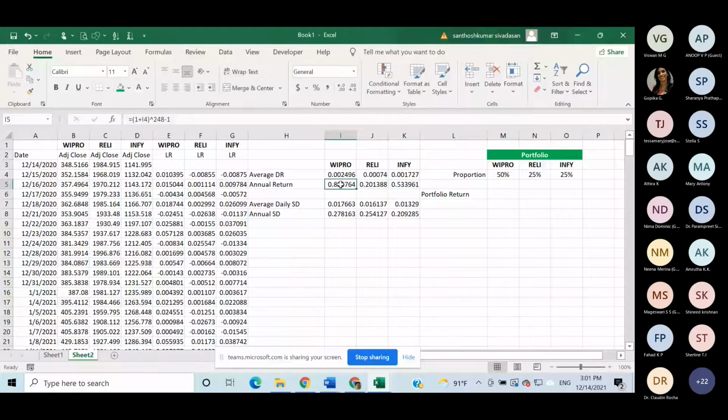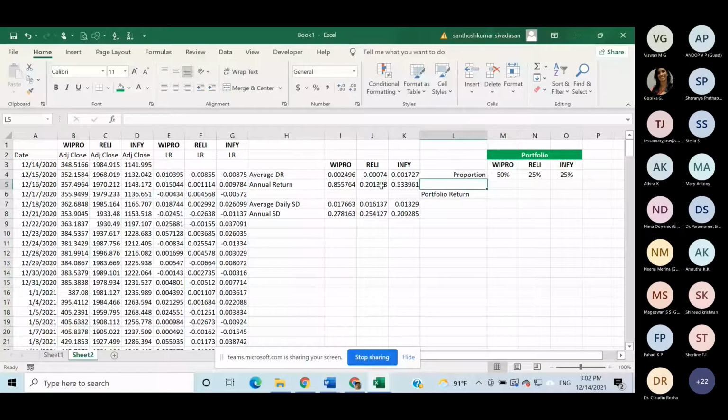It's weighted average. Weighted average means 50% into Wipro's annual return plus, not 20, 25% of Reliance annual return plus 25% of Infosys annual return. That is a weighted average, right? Weight into annual return. You sum.